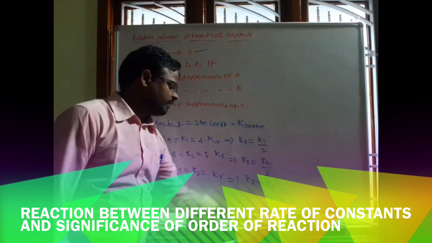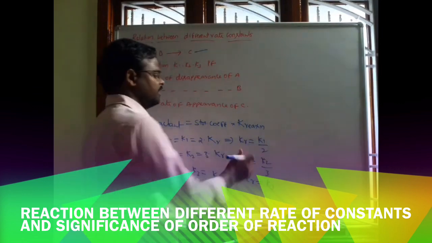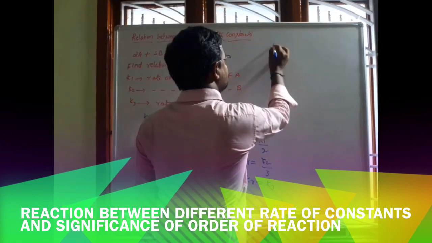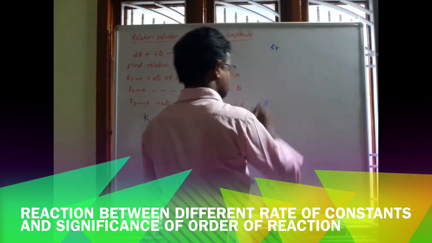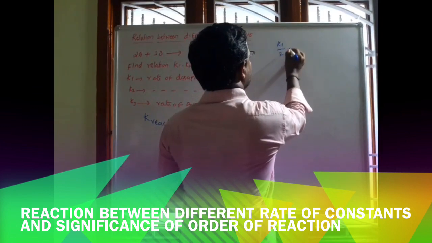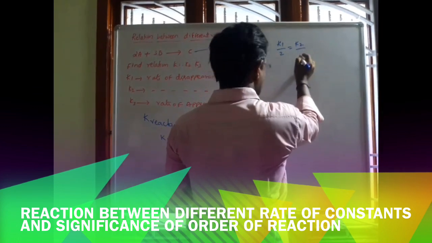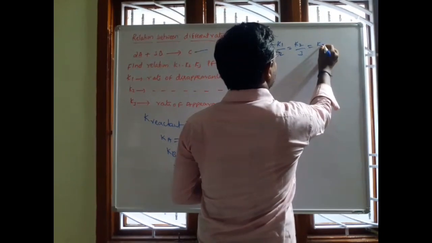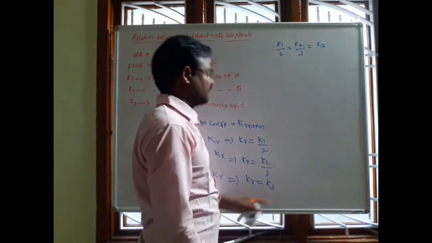Therefore, on equating these three, we get K1 by 2 equal to K2 by 3 equal to K3.